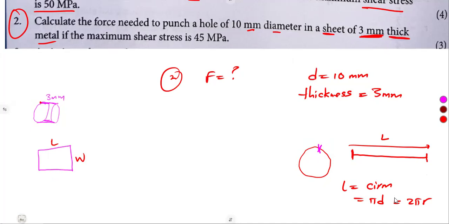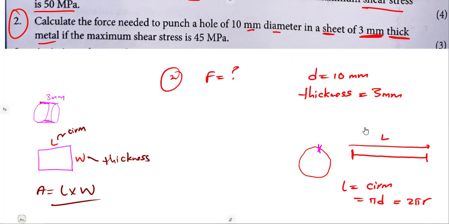The circumference of a circle. But what we need is the area. So if we now consider this a rectangle, the area of a rectangle is what? It's length times width, where the length represents our circumference. The width represents the thickness.